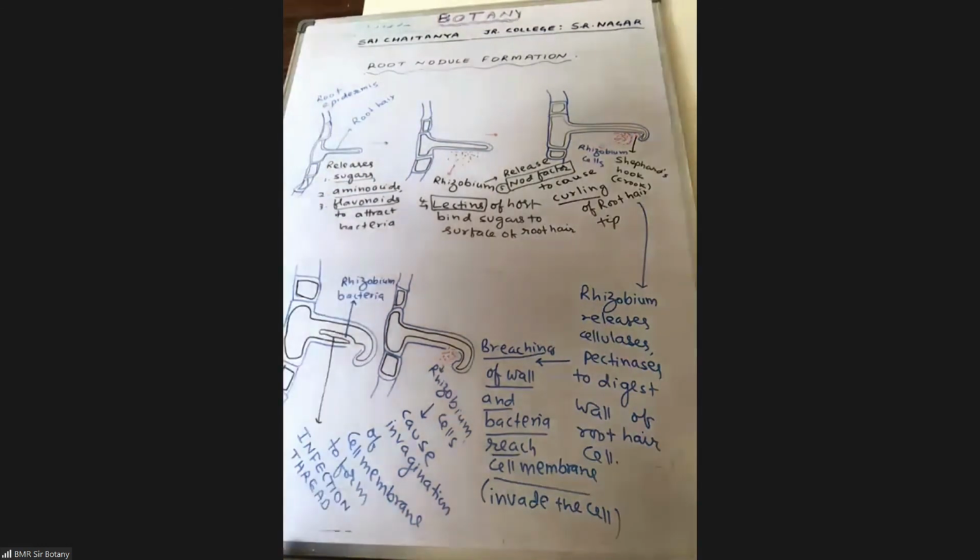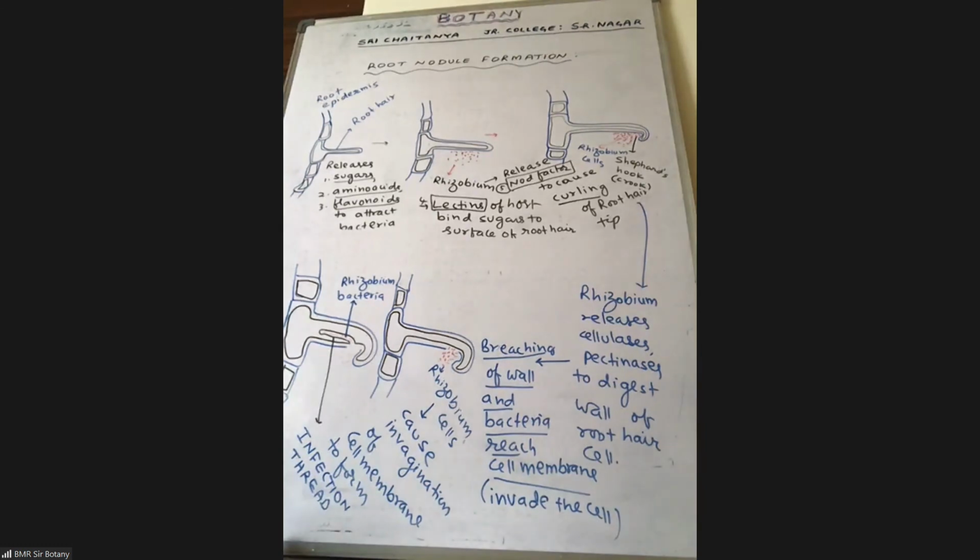Tell me, who induced curling of the root hair tip? Bacterium, by nod factor. Who digested the cell wall? Who breached the cell wall? Bacterium. Who induced invagination of the cell membrane? Bacterium. And what was the role of the host root here?